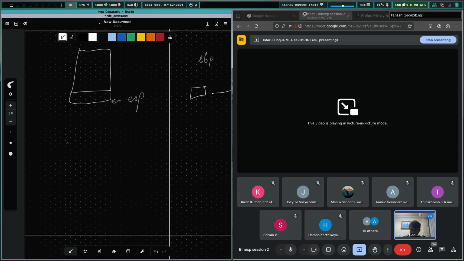Next one is push, and this is not specific to push. You can use it anywhere. Let's say some constant value. It has to be a constant.